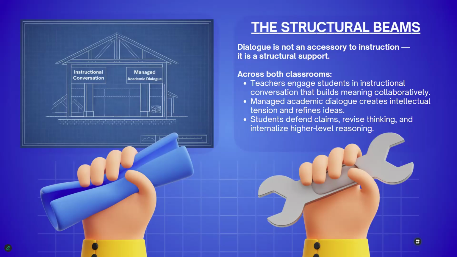Students defend claims, they reconsider ideas, and they respond to multiple perspectives. According to Vygotsky, language is the primary tool for cognitive growth. Thought begins socially and then becomes internal. So, dialogue is not an accessory to instruction. It's actually what holds our structure upright. It keeps the beams up.